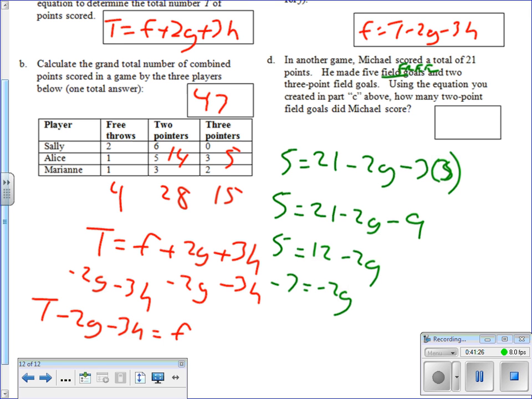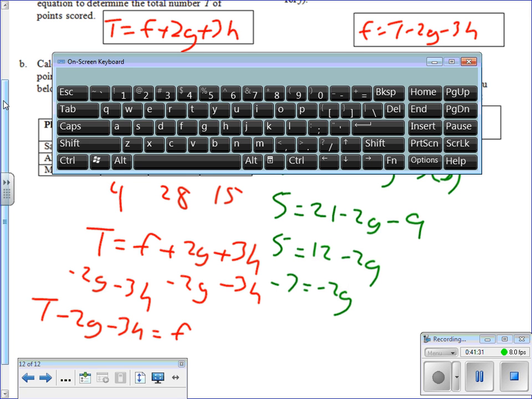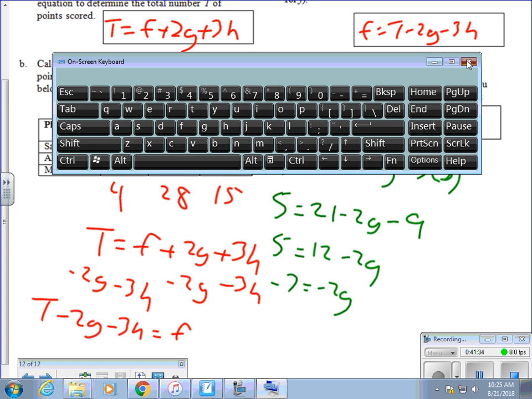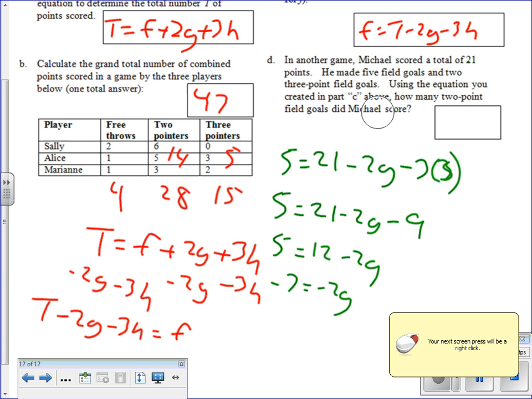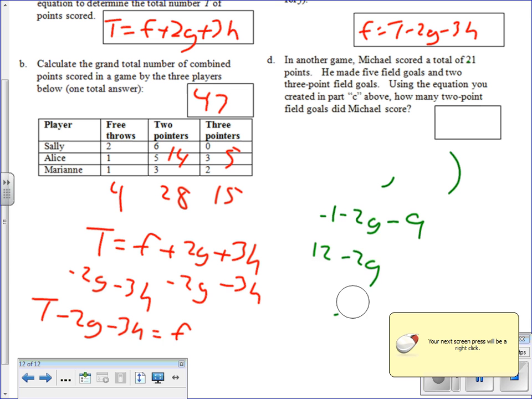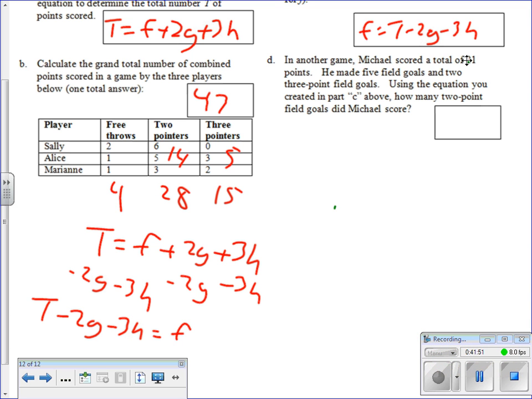Do you see what I'm saying? How many free throws did he make?